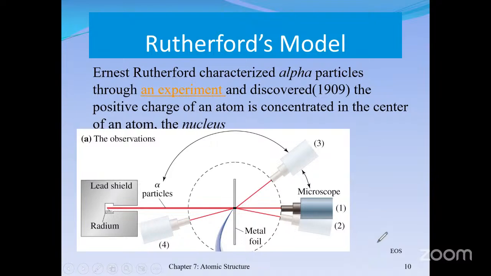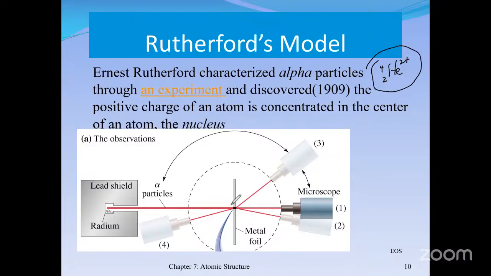Now, alpha particles, just to let you know, are helium nuclei, helium-4 nuclei, I should say. So this is basically what alpha particles are. So this is positive. And basically what he was testing to see if the plum pudding model works is that if you shoot alpha particles at that metal foil, because most of the atoms would be positive in terms of the size, then you'd expect that the alpha particles would be repelled.